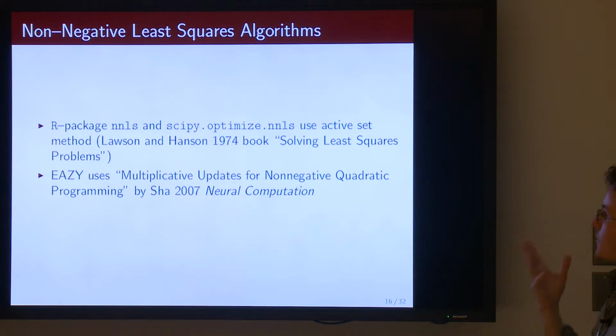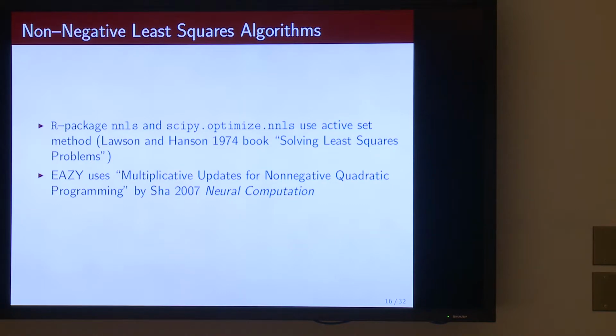There's a bunch of packages for fitting non-negative least squares. In R, there's NNLS, and in Python, there's scipy.optimize.nnls. Those both use the active set method.